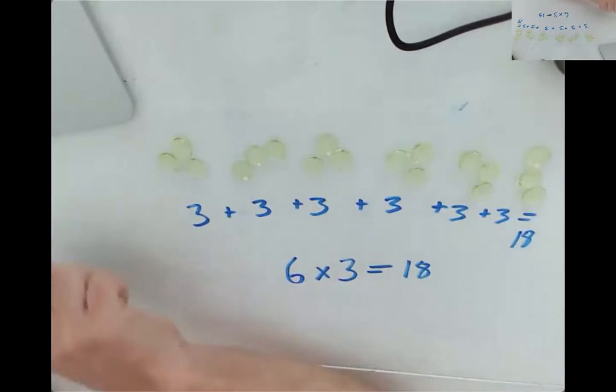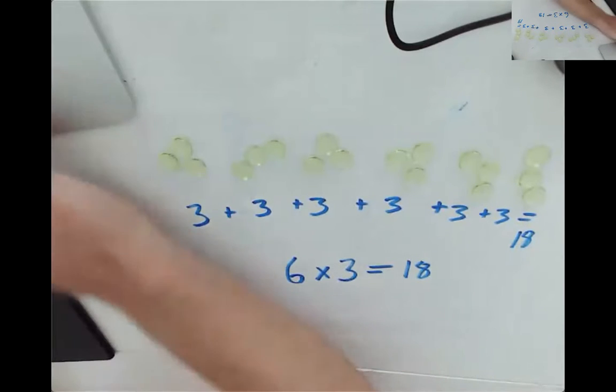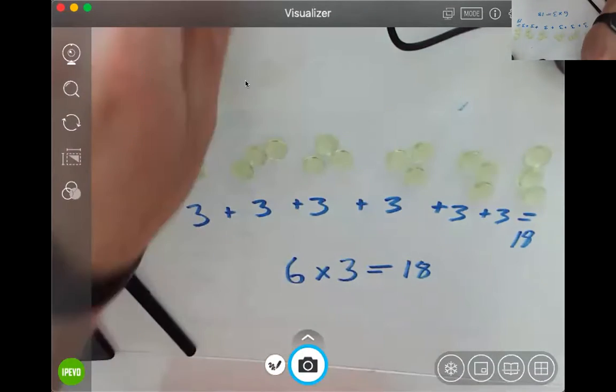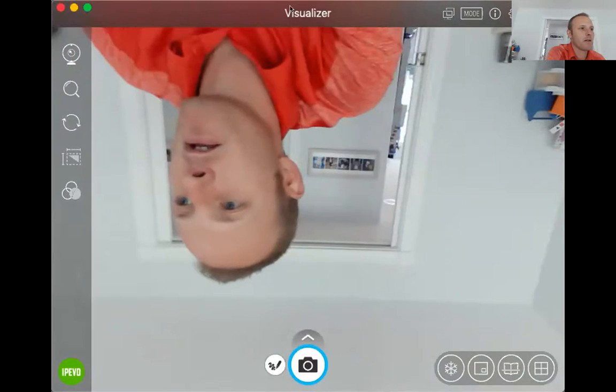Okay. I'm going to switch my screen share for a minute, and I'm going to use a whiteboard, and we're going to do a couple of other problems. So you might see, when you're doing some work with this, something along the lines of this.